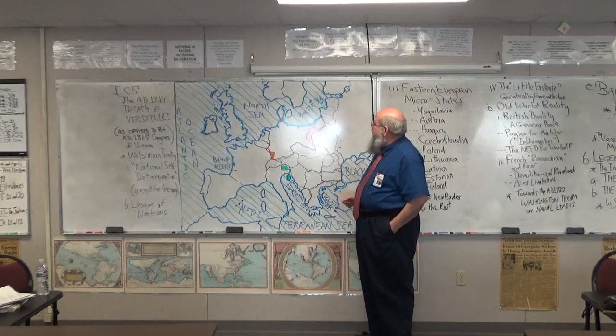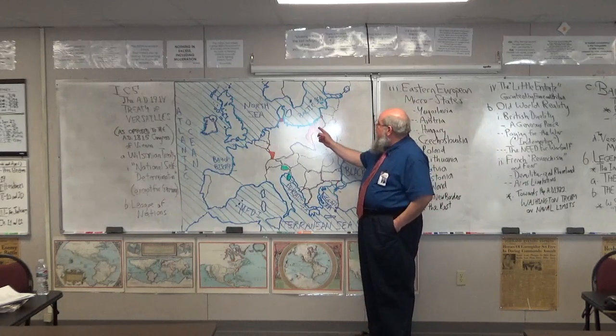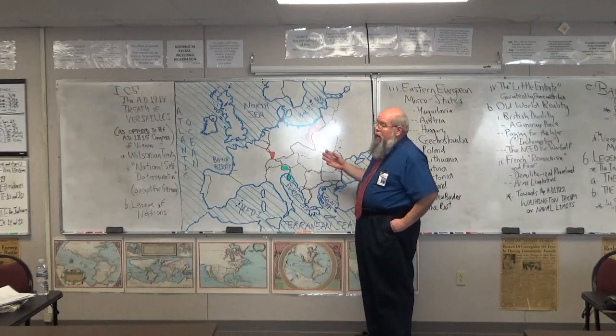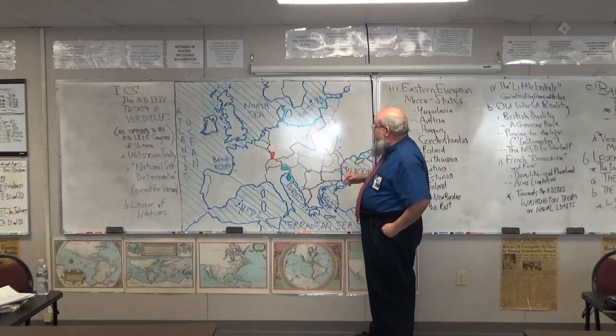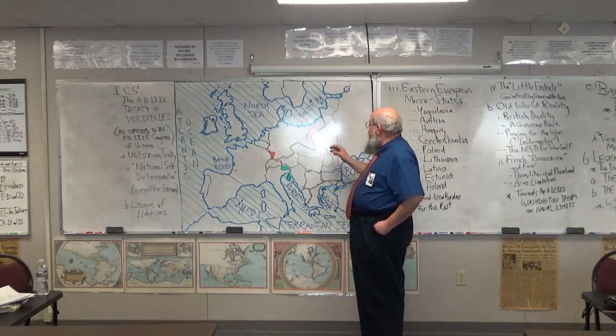The city of Danzig is made into an international city in order to give Poland a port on the coast of the Baltic Sea. Poland built its own port of Gdynia just down the coast.